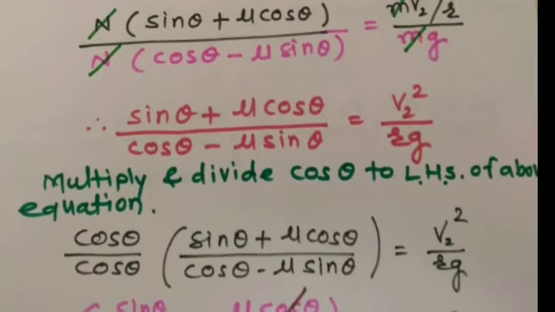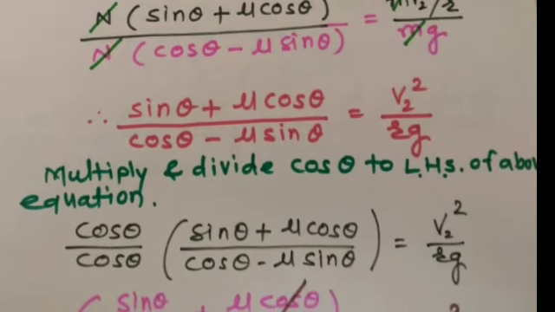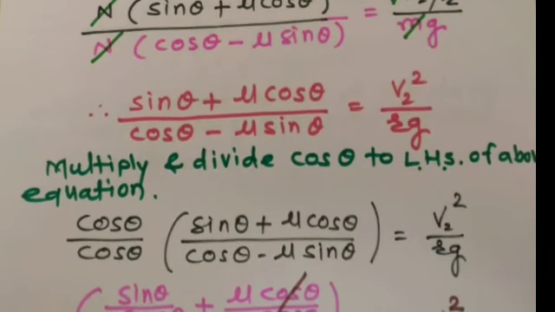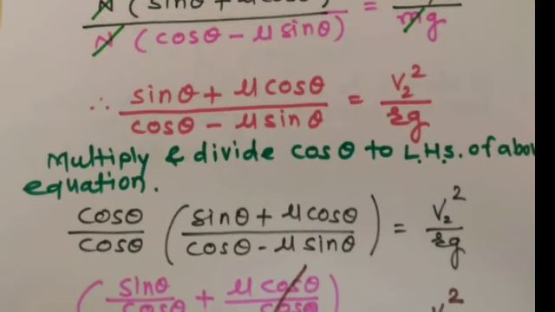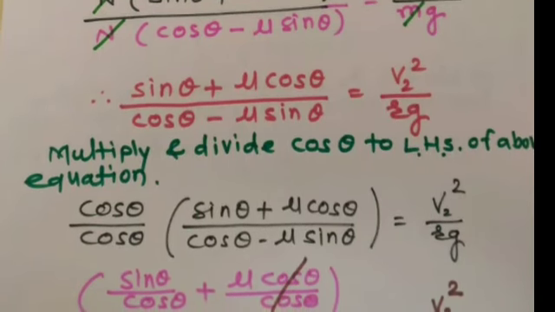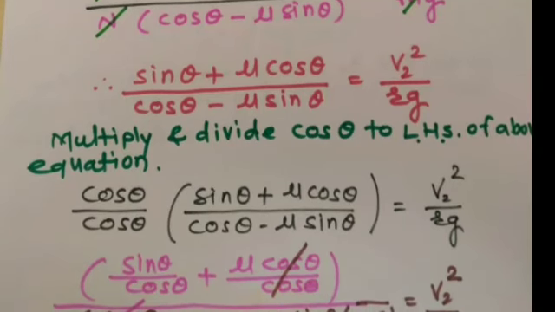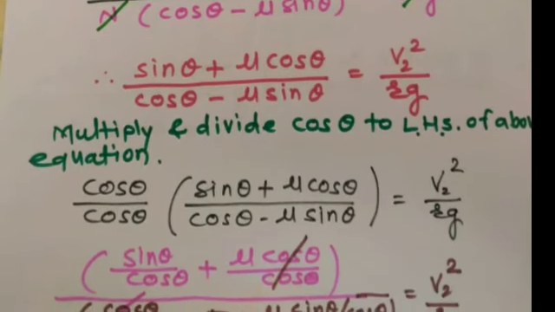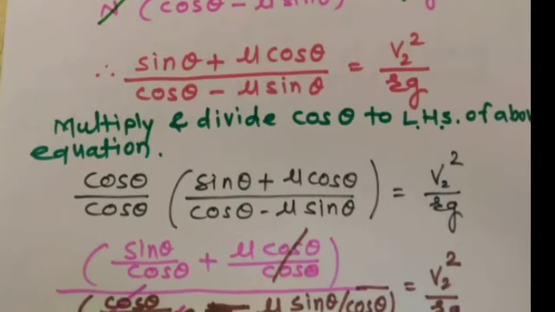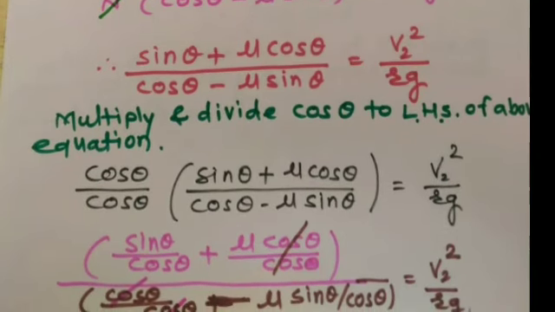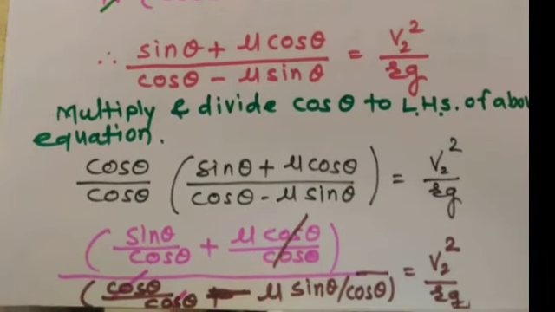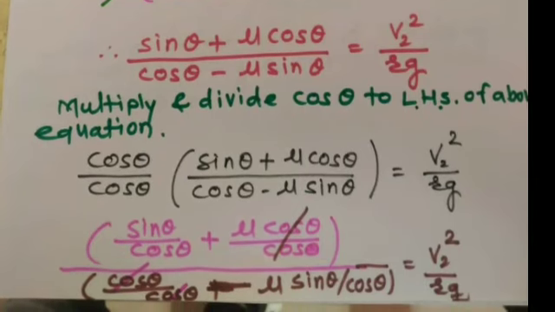Separately divide by cos theta. So in bracket sin theta upon cos theta plus mu cos theta upon cos theta divided by cos theta upon cos theta minus mu sin theta upon cos theta, bracket close. So cos theta gets cancelled, which is equal to v2 square upon rg.